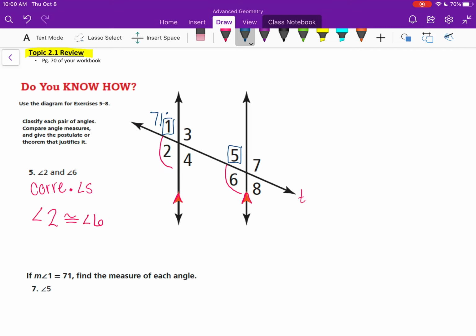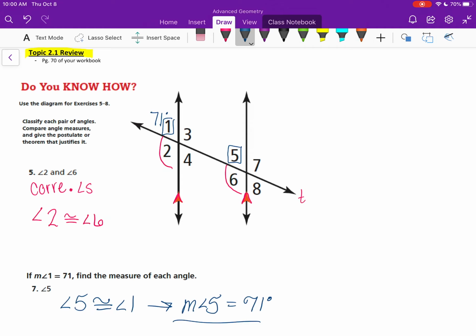What can you guys see here? They're also corresponding angles, and as we just learned, corresponding angles are congruent. So we can say that angle 5 is congruent to angle 1, and therefore the measure of angle 5 is also 71 degrees.